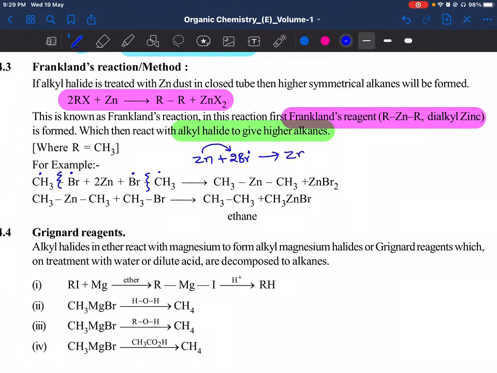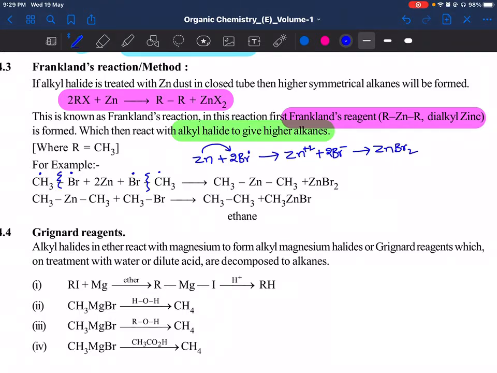We get Zn2+ and 2 Br minus. That way we get zinc bromide, ZnBr2.